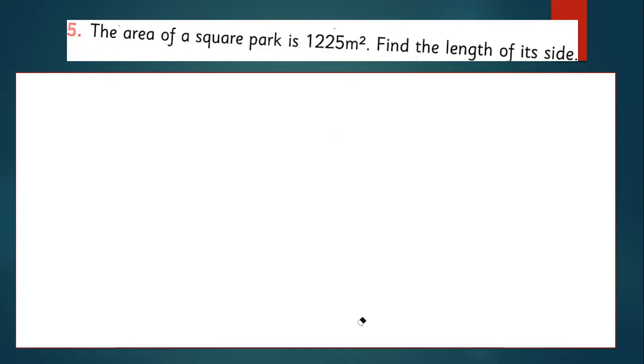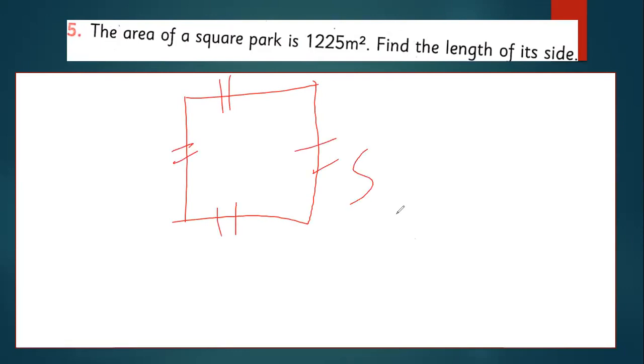What do you mean by square? By square we mean a four-sided closed figure with each side equal. Each and every side is equal. So that is known as a square.